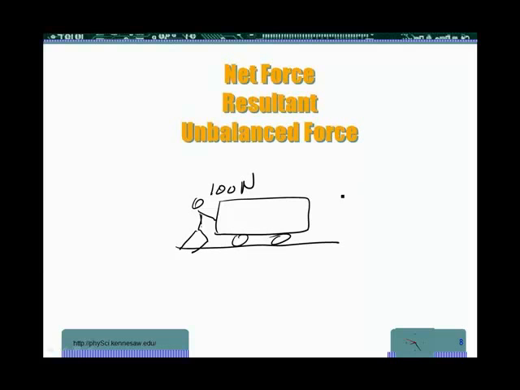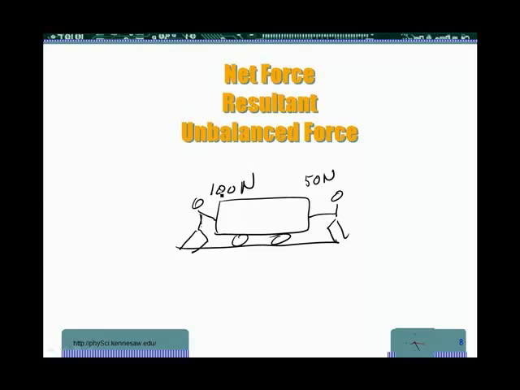If instead I'm going to have another person push here, but with a force of 50 newtons. Now, part of that 50 newtons, since this person here is pushing in the opposite direction, it's going to balance part of this force here.